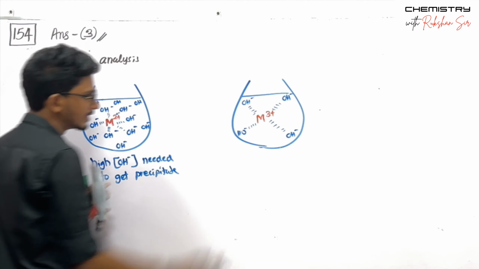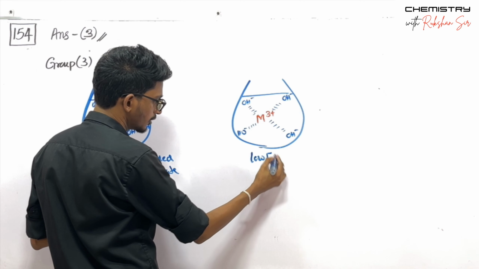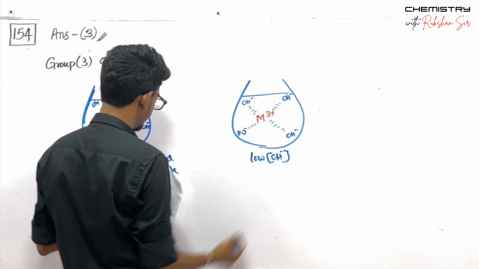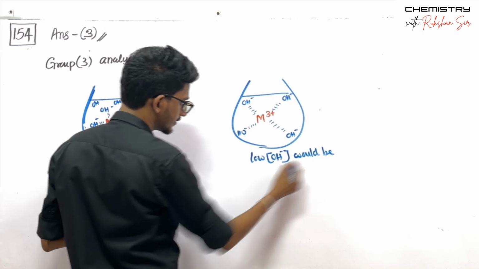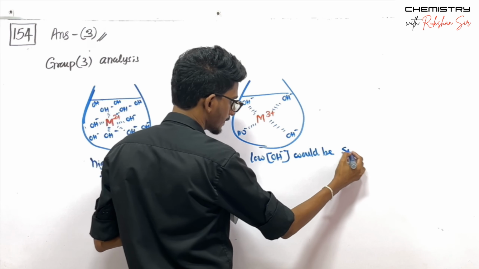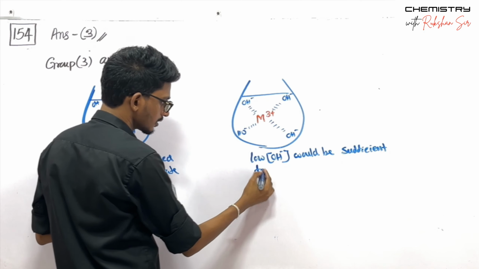When it comes to 3 plus, a low OH minus concentration would be sufficient to get precipitated.